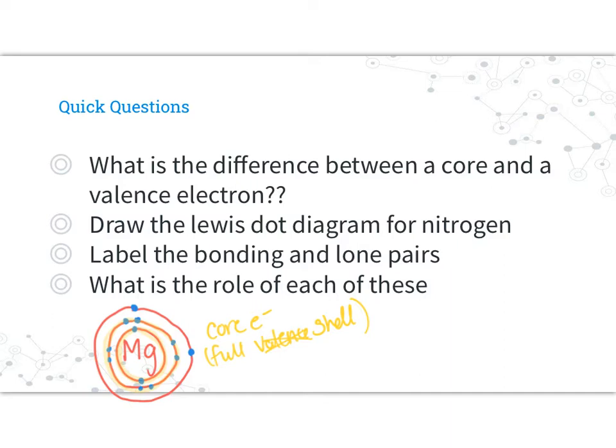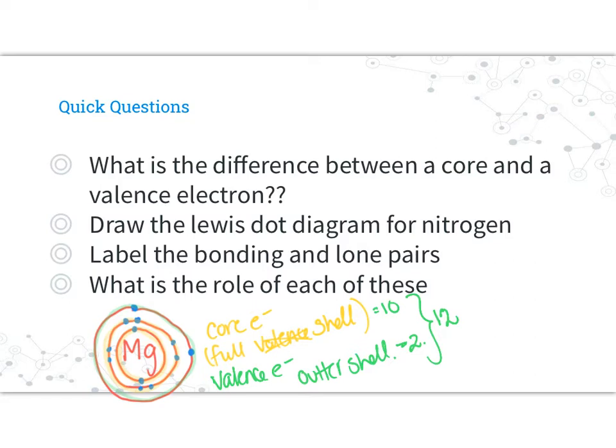So a valence electron is found in the outer shell. I abbreviate electron as E negative. So in this case, we have 2 valence electrons. We have 8 plus 2 core electrons, so 10 core electrons. And magnesium has a total of 12 electrons, which is its atomic number.